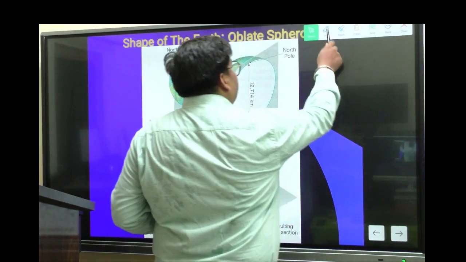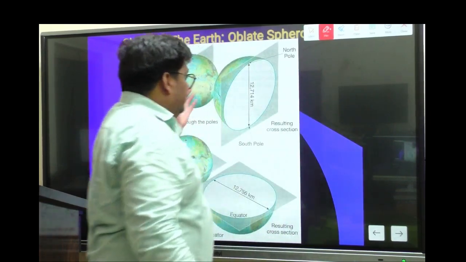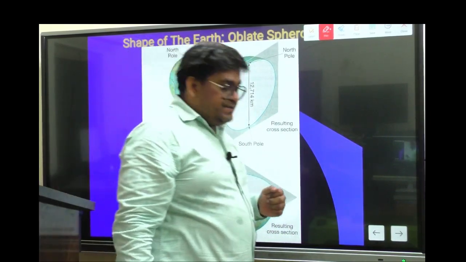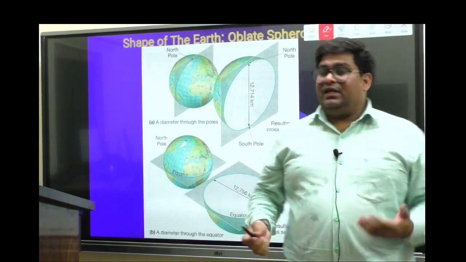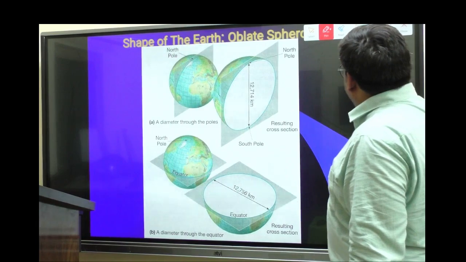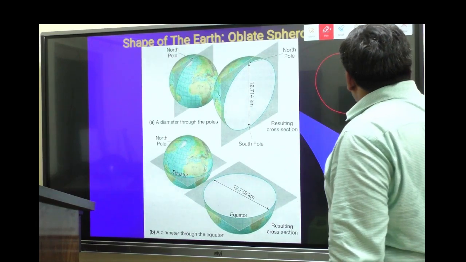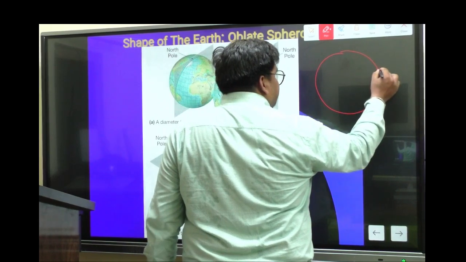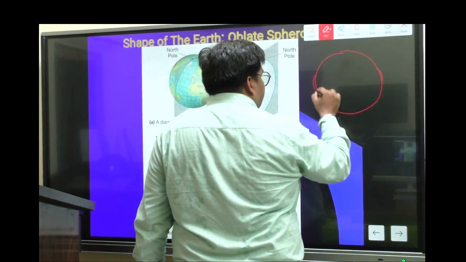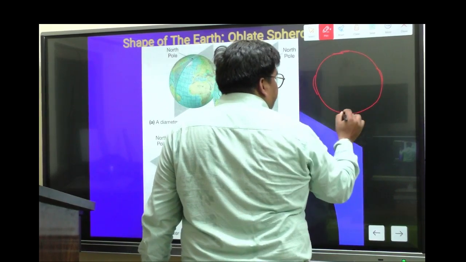Okay. So here I have brought the bigger picture for you to understand how much bigger it is. If you draw the picture of Earth, let's say this is a smaller bulge area and this is a flattened area.